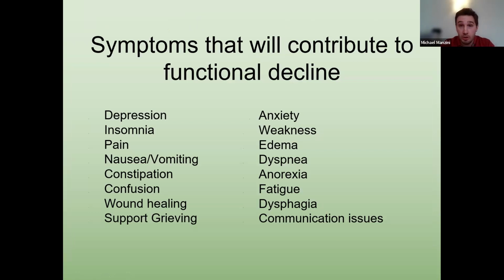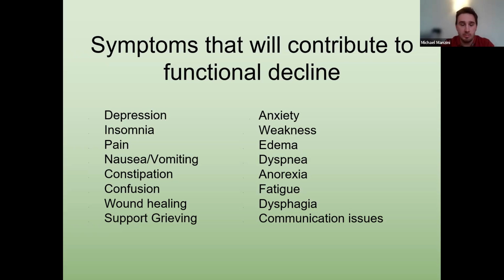So, symptoms that contribute to functional decline. As you see here, it's a pretty extensive list. Disease processes will manifest a variety of symptoms that ultimately contribute to functional decline and disability. Disability can often be caused by bed rest, deconditioning, or neurological or musculoskeletal complications from a disease. Later we'll discuss how treatment can help manage some of these symptoms.